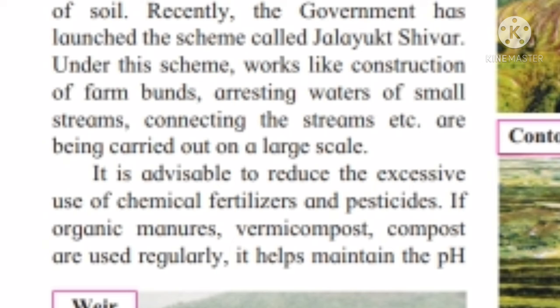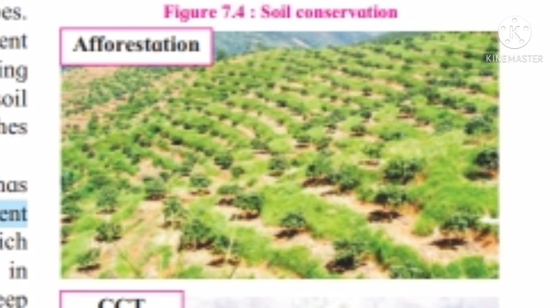These embankments help to check the velocity of the running water down the slope, and thus it reduces soil erosion. Moreover, planting trees can also control the velocity of winds because the roots of the plant hold the soil and do not allow it to flow away. Therefore, afforestation is one of the methods to conserve soil.